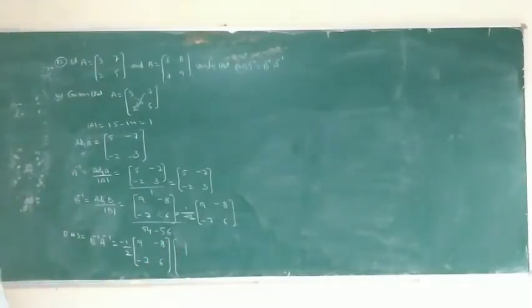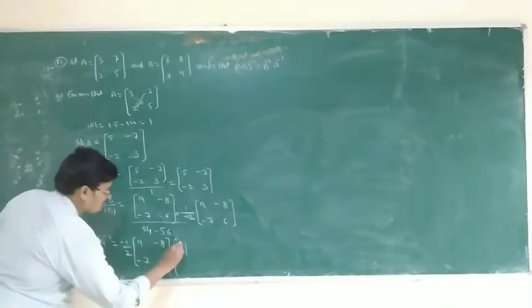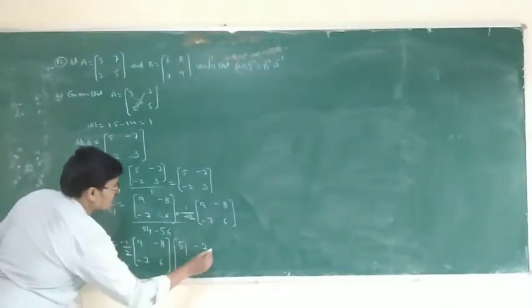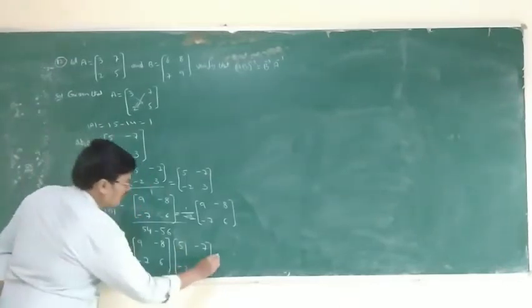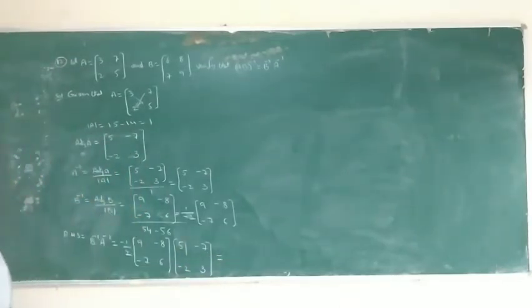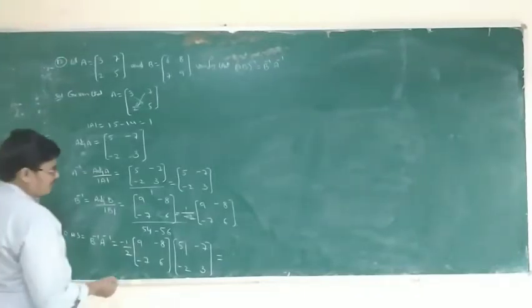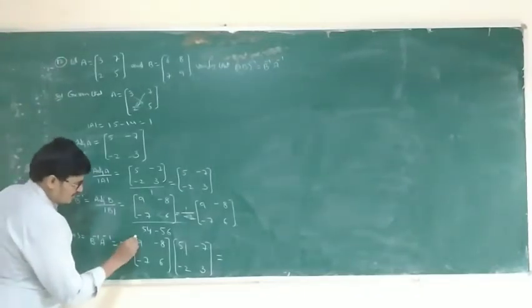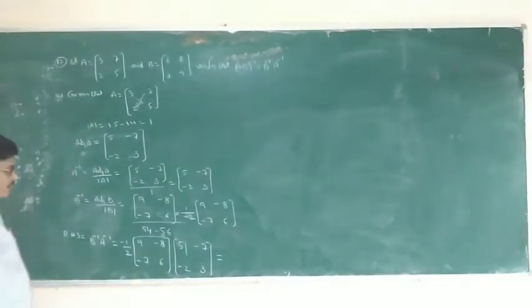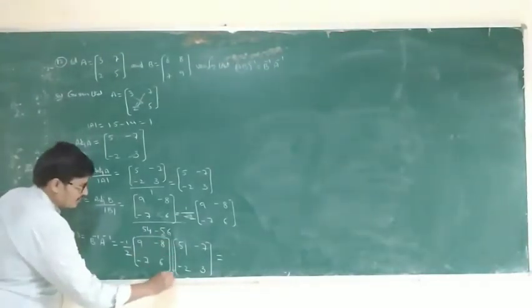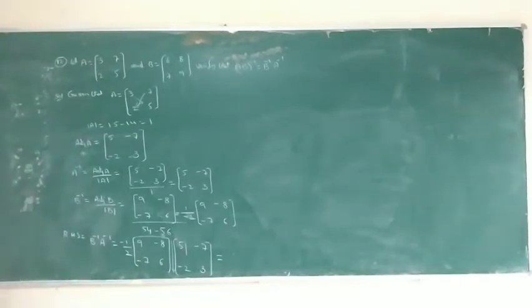A inverse is 5, minus 7, minus 2, 3. Multiply: 2 matrix multiplication. How to find the multiplication? First matrix rows, second matrix columns.